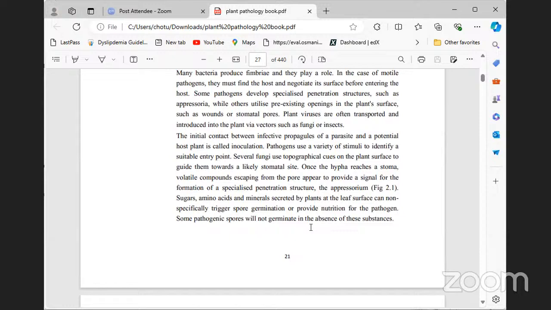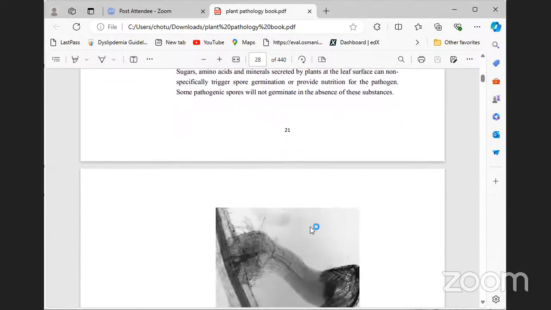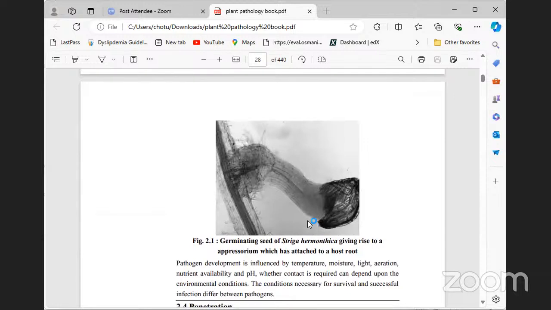Sugars, amino acids and minerals excreted by plants at the leaf surface can non-specifically trigger spore germination or provide nutrition for the pathogen. Some pathogenic spores will not germinate in the absence of these substances.